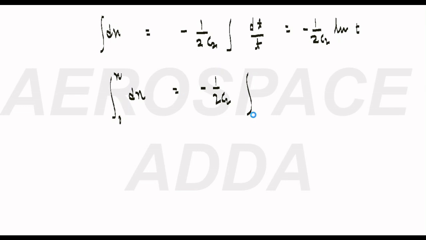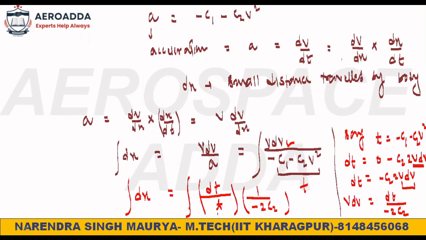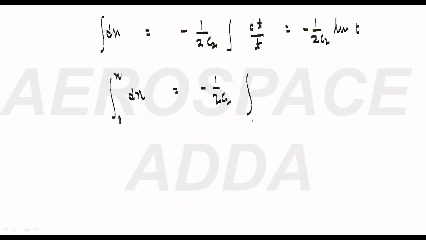What was the velocity initially? In the problem they clearly said the initial velocity is v naught and the final velocity is rest. So you keep this value, v naught to 0, of ln t.